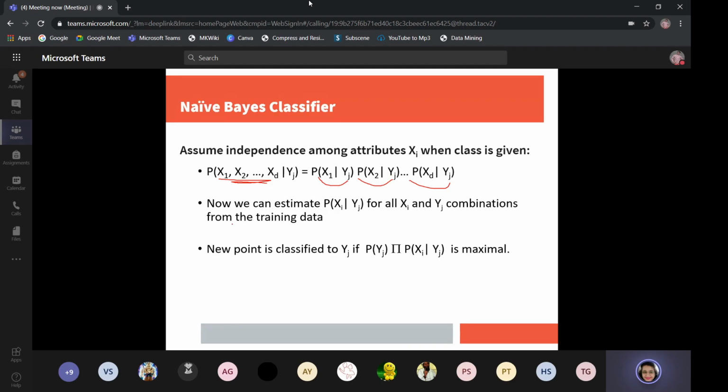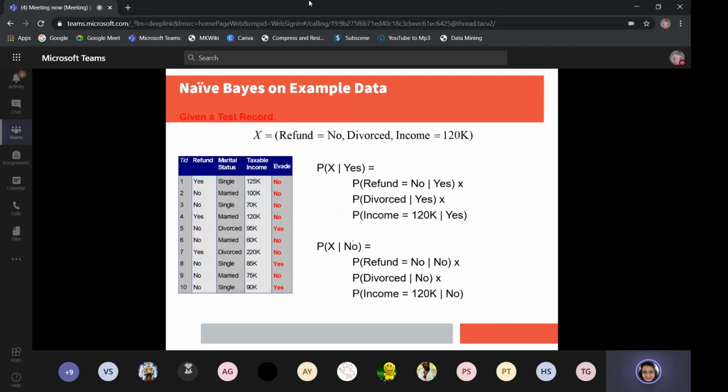So we can now estimate the probability of xi given yj for all the combinations on training data, and you have to find wherever this product is maximal. Argmax लोगे इनका, whichever is maximum, that will be classified to yj. Let's take this example.